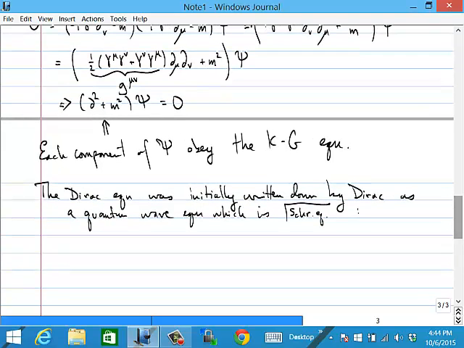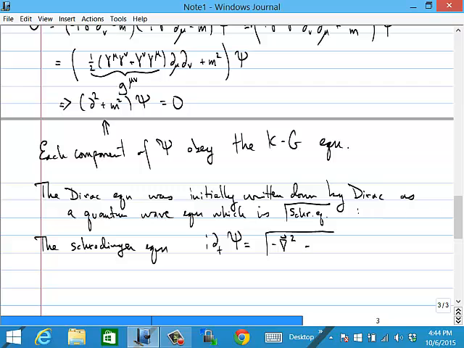And indeed, we started this class with the observation that if you tried to write down the Schrodinger equation for a quantum mechanical wave function describing the Hamiltonian of special relativity rather than of Newtonian physics, we found that this was problematic, and in part it was problematic because it treated space and time in different manners.